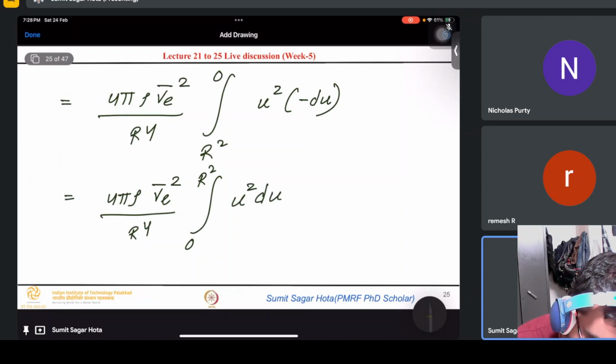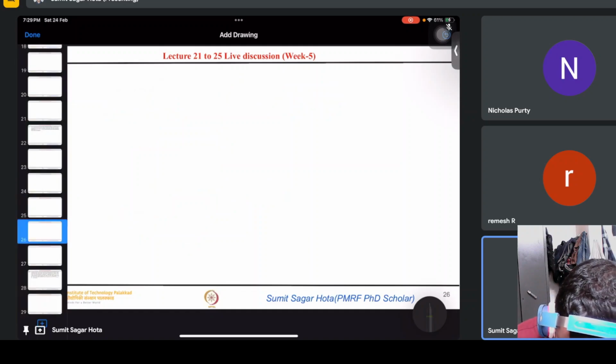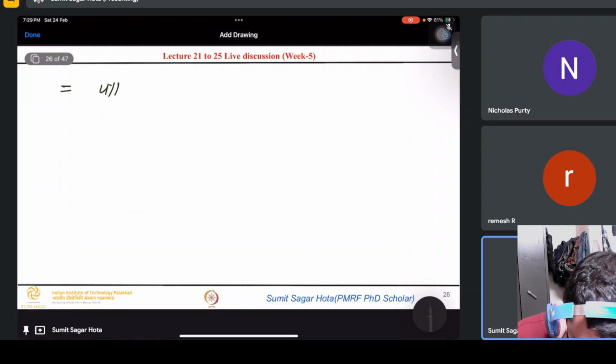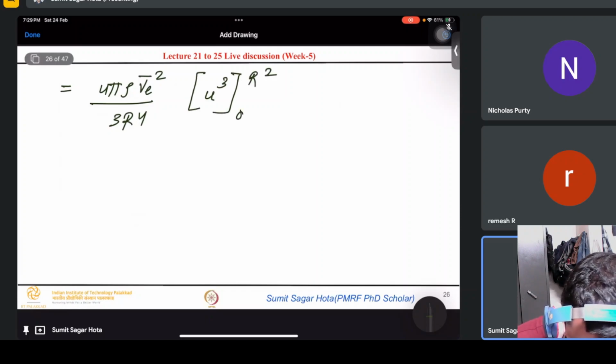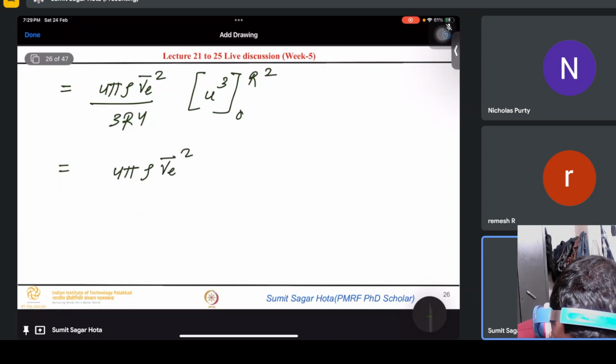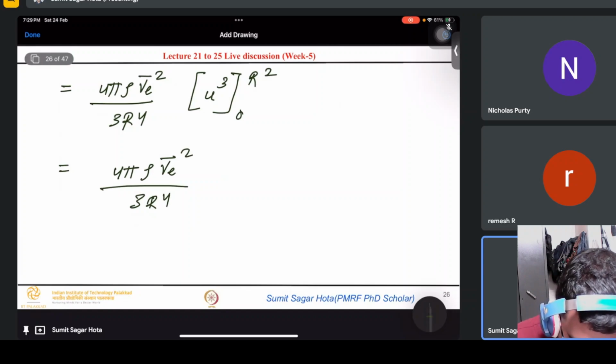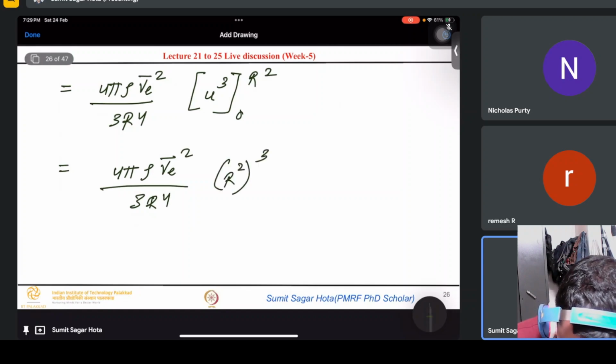Integral of u, the 3 is just taken outside, and at r square we substitute: 4 pi rho v square by 3 r to the power 4, r square cube minus.